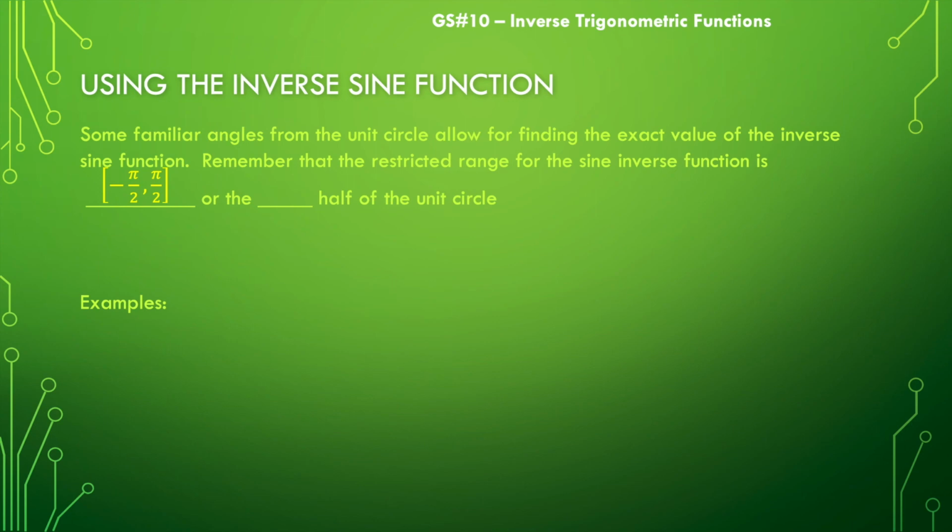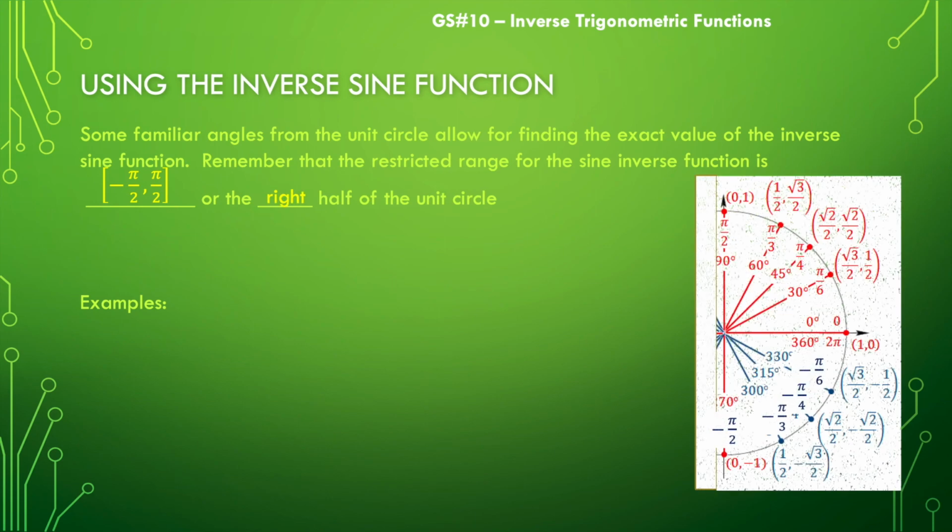And I want you to think about where is that on your unit circle. Okay, where is it? Top, bottom, left, right? And this is the right half of the unit circle. So we're going to focus our attention on this right half of the unit circle. Now notice that I changed the radian values in this fourth quadrant to reflect the negative versions of those angles, right?